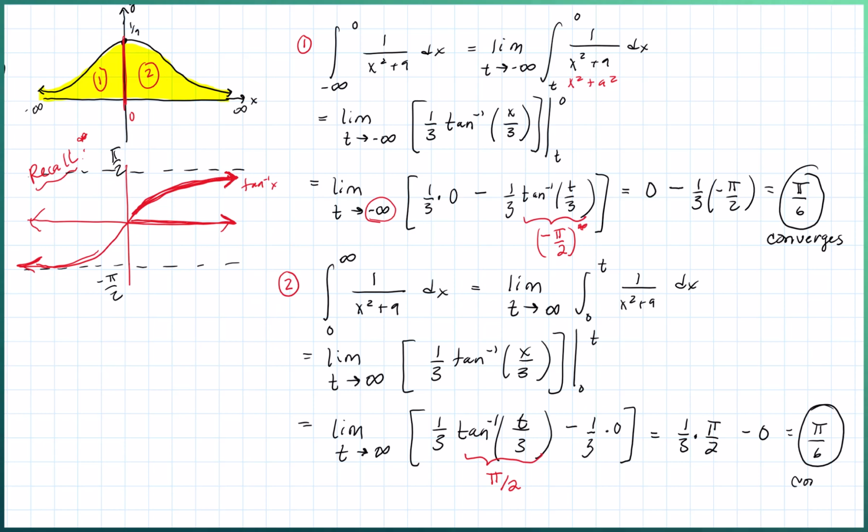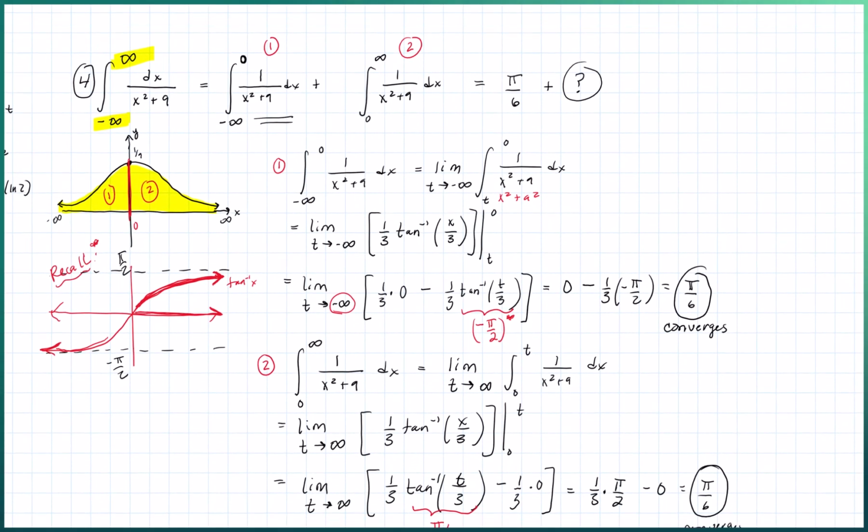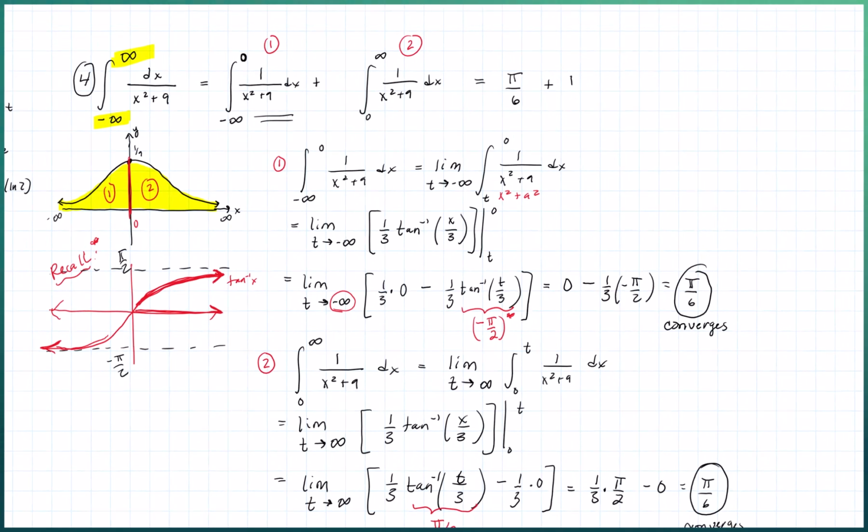And that converges as well. So both pieces of my improper integral are converging. Therefore, the integral is going to be the sum of those two convergent integrals, which is pi over 3. And my answer here is pi over 3, and specifically, we would also say that the integral is converging.